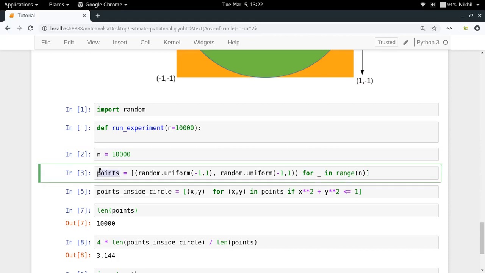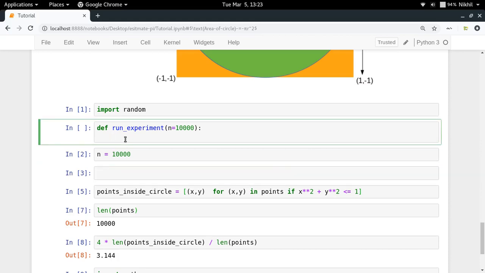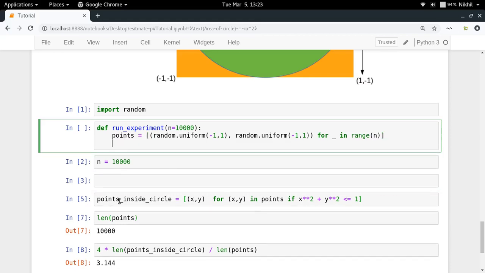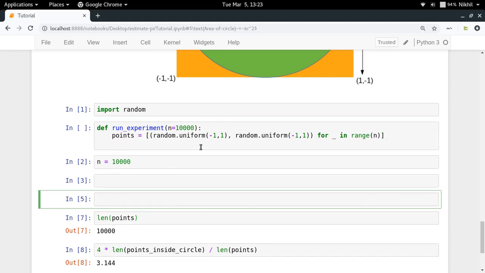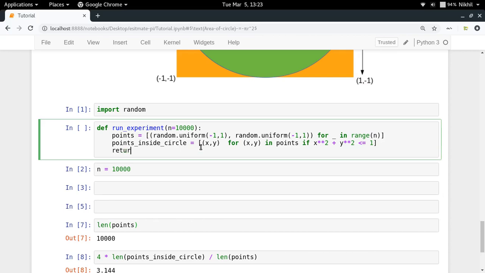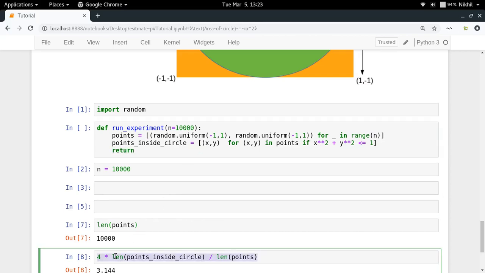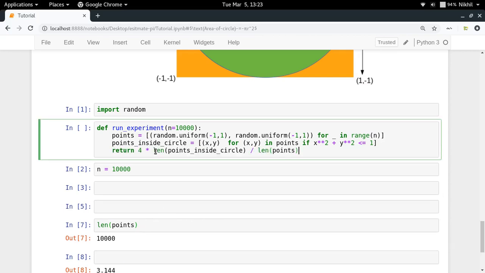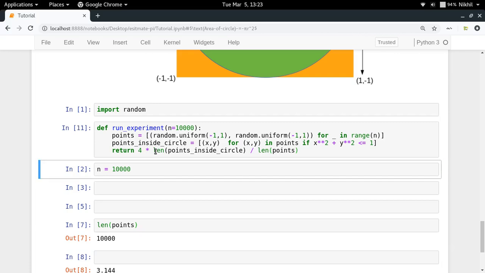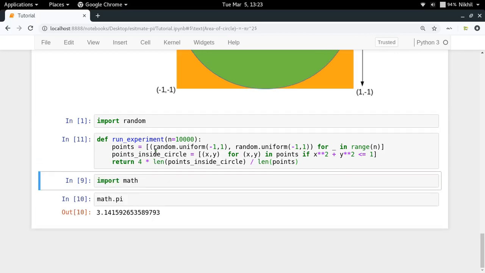For that, I'm putting the points here. After that, putting the points inside the circle here. And then returning the estimated value of pi from one experiment. So this is my one experiment.